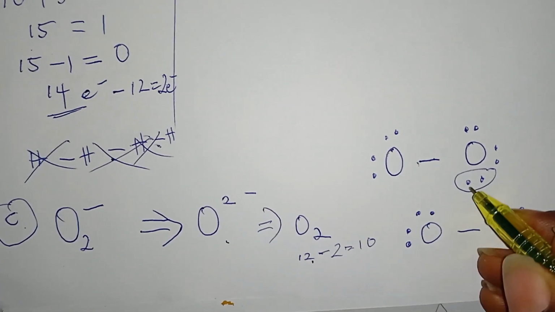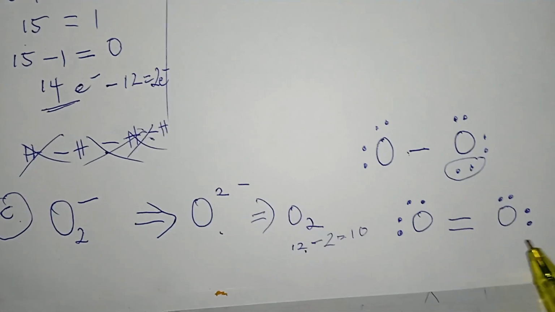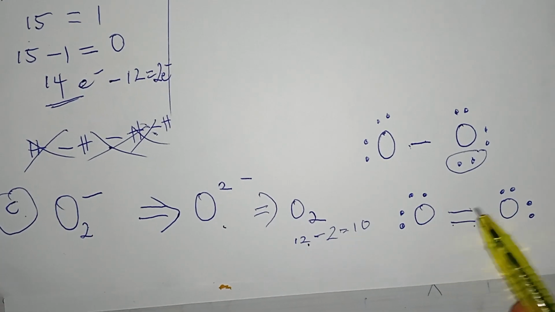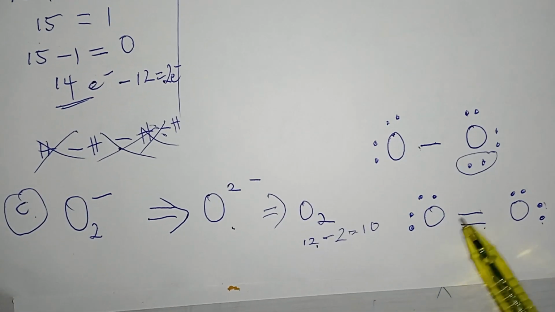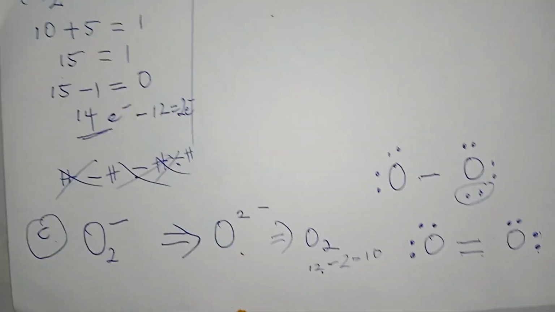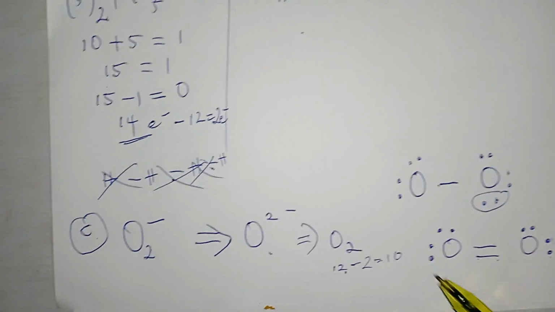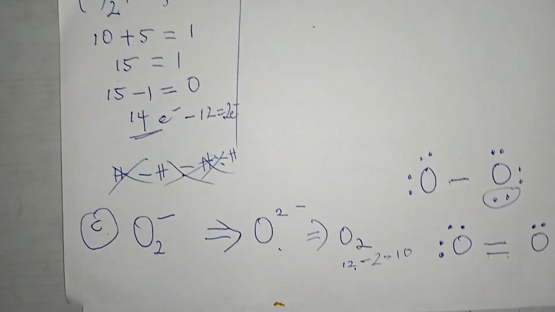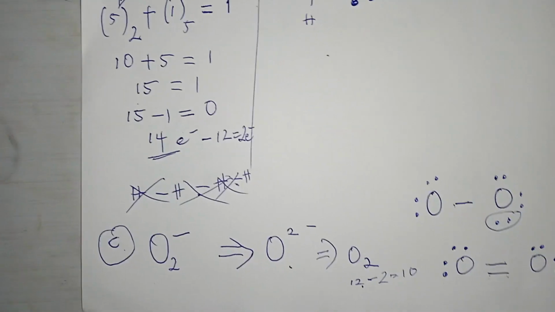That lone pair that you carried, put it here, so that this becomes 1 2 3 4 5 6 7 8 for this oxygen. 1 2 3 4 5 6 7 8 for this oxygen is balanced. So it's O2 that you're supposed to have there, not O2 minus. So it's not correct.